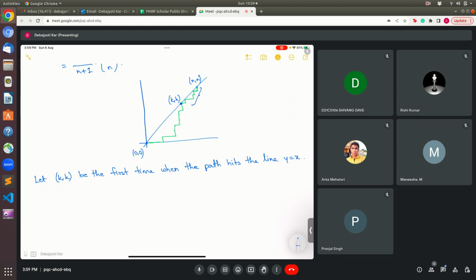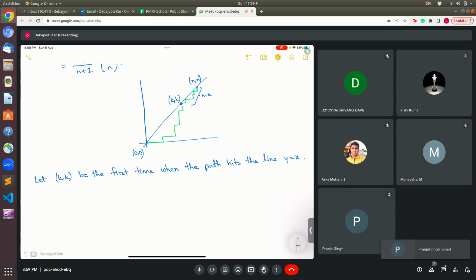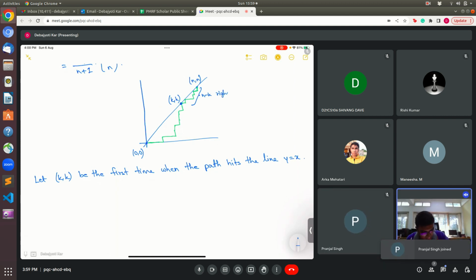From k, k to n, n, there are n minus k right steps and n minus k up steps.